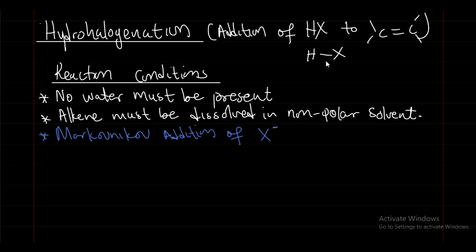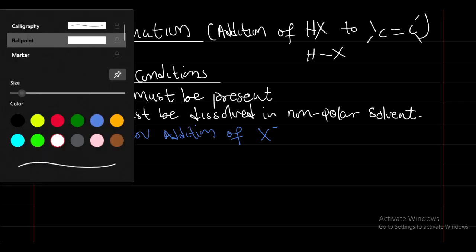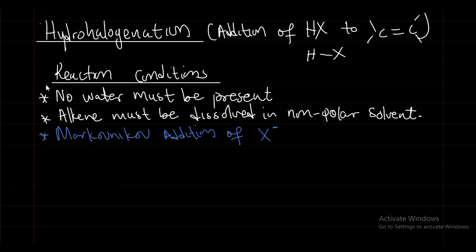Or we can put it like this: if we are adding something like HX, the H will go to the carbon that has more hydrogens. I will demonstrate that in a structure.